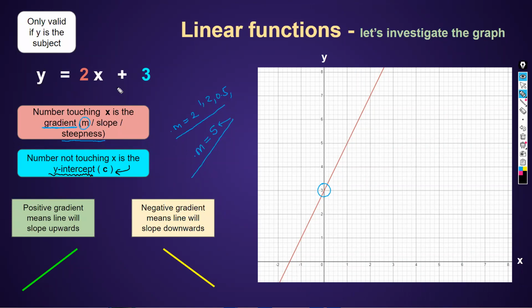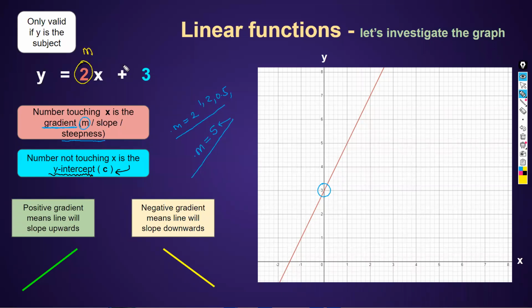So here's the thing. Whenever they give you the equation of a line, like this is the same equation we had here, y is equal to 2x plus 3. But instead of the y, we had f(x). Whoever is touching x is your gradient. It's real easy to identify who is the gradient.